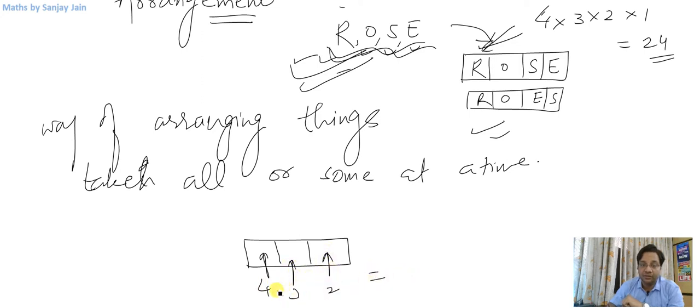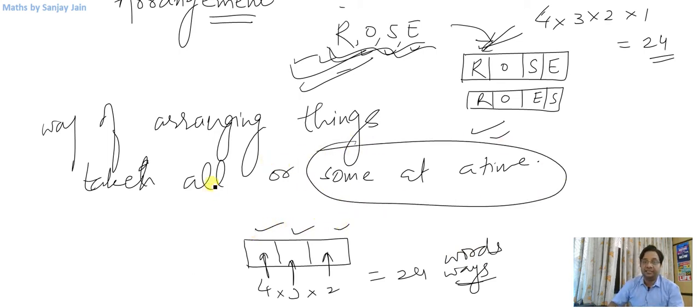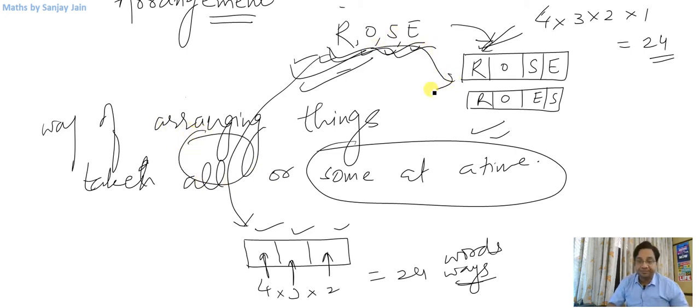So this would have been the situation. This will also give you 24 different words, but now these are three letter words. So you can take some at a time and arrange them, like I took 3 out of 4 and arranged them like this, or all at a time and arrange them like this in the previous question.